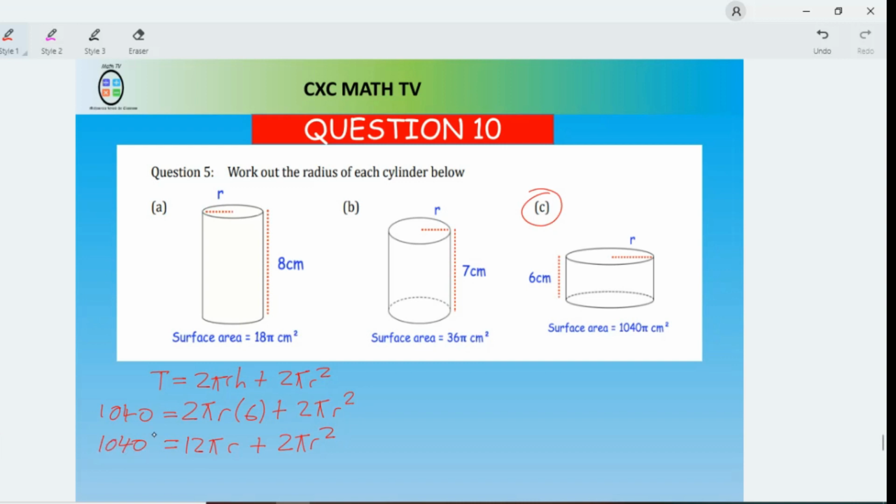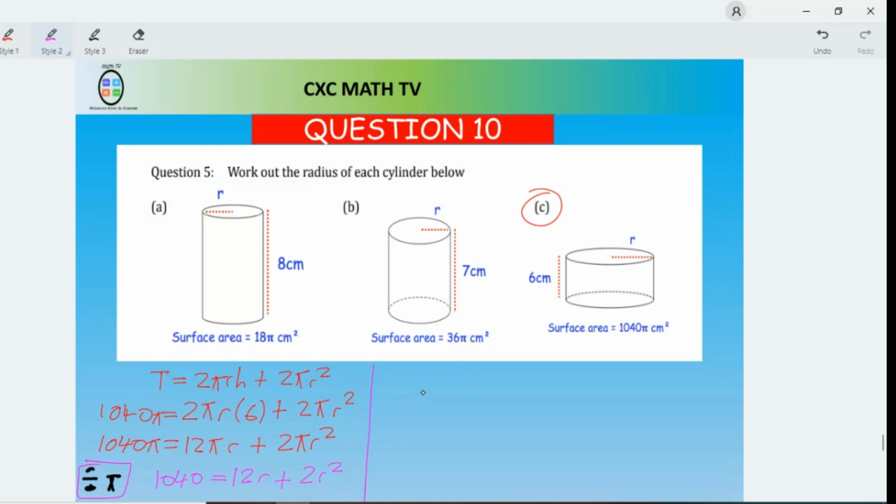Seems crazy, right? No need to do what? Divide through by pi. If we divide through by pi, what happens? We get 1040 is equal to 12r plus 2r squared.